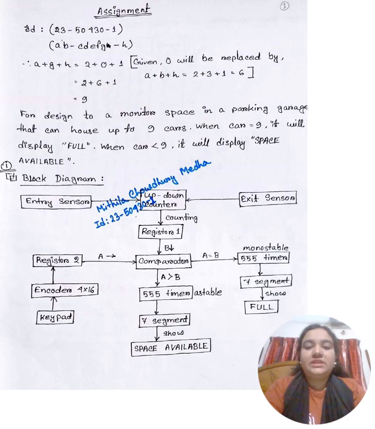If the count equals 9, the system activates a 7-segment display which shows full. If the count is less than 9, the display shows space available controlled by a blink timer. Two separate 555 timer circuits are used to manage the display modes.